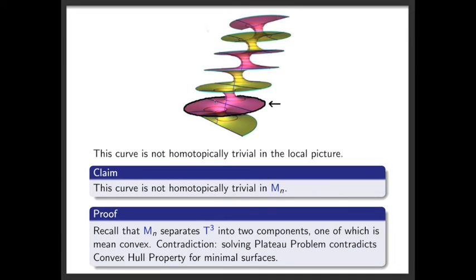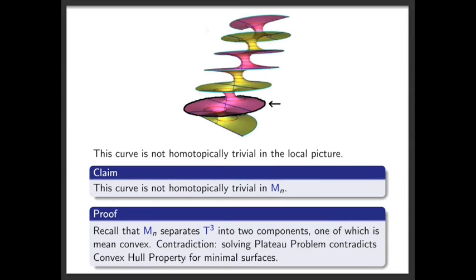Let's take a curve like this on our Riemann minimal example, and we first claim that this curve is not homotopically trivial in Mn. It doesn't bound a disk. Recall that Mn separates T3 into 2 components, one of which is mean convex.